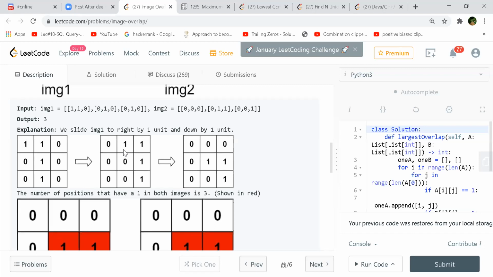If you do the prefix sum of this one, and then you have the prefix sum of this one, in that case you will have to still find out the difference at each and every stage.